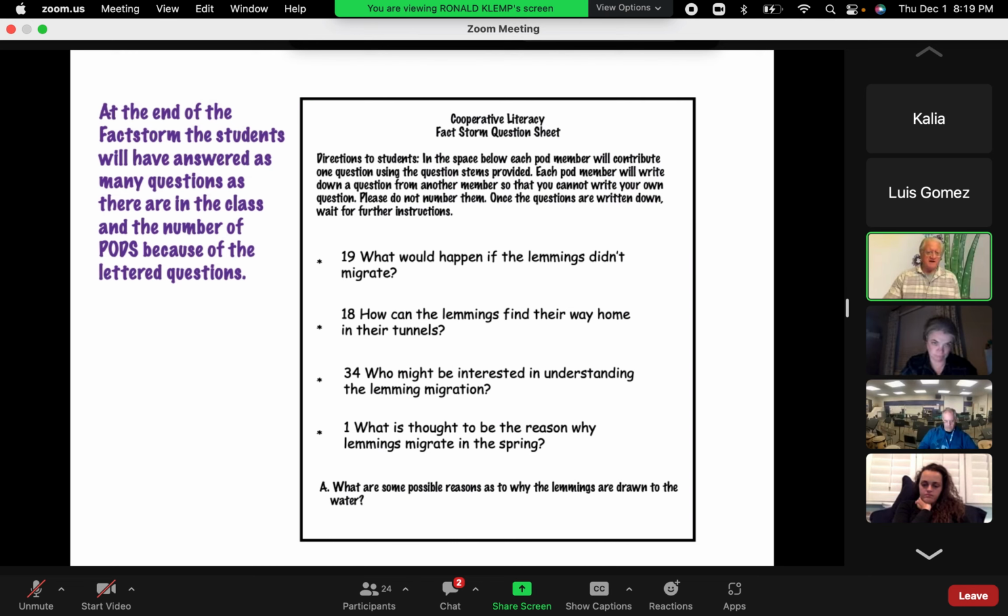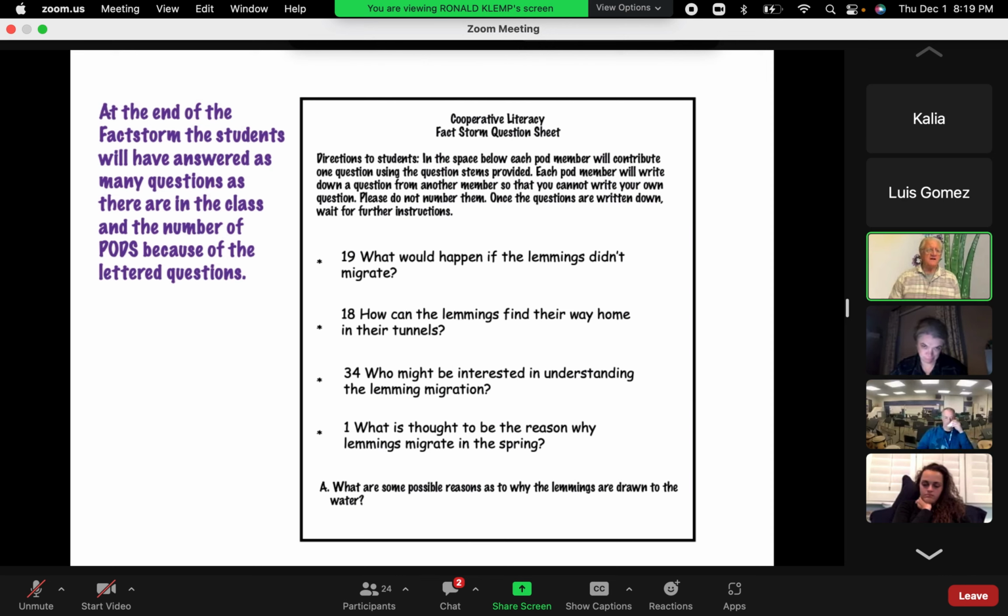So I have my pod set up. Let's say that I have 6 pods. And then the pod that wrote this question sheet, maybe pod number 1, they're going to send their questions to pod number 2. 2 is going to send their questions to pod number 3. 3 is going to send their questions to pod number 4, et cetera, so that now everybody gets a brand new set of questions, okay?